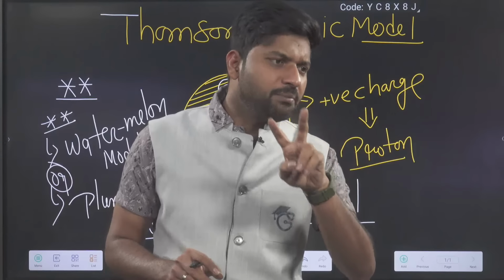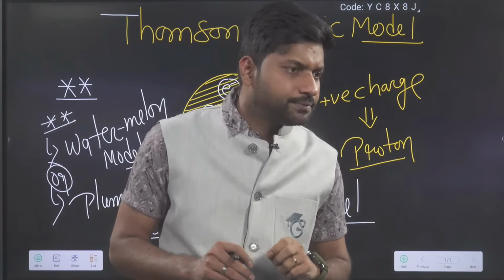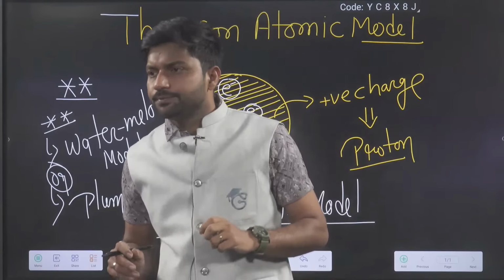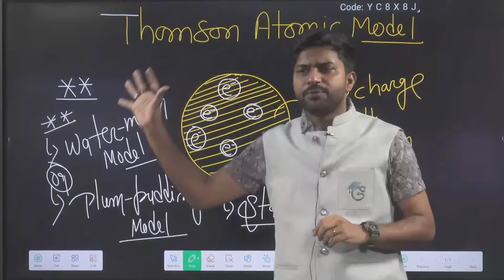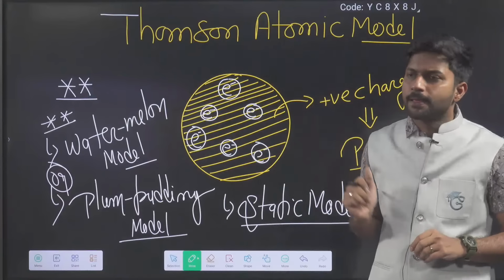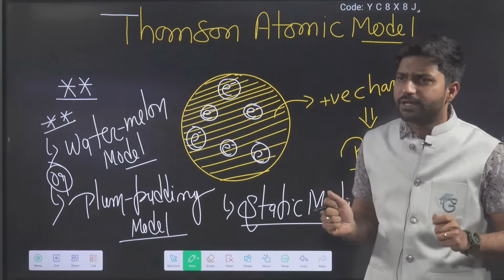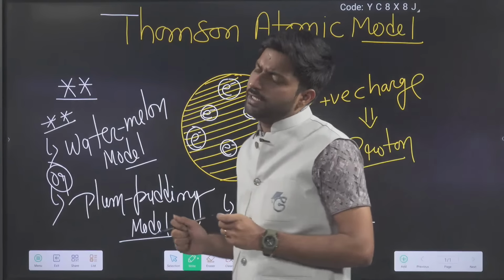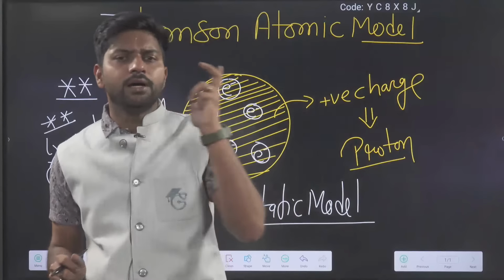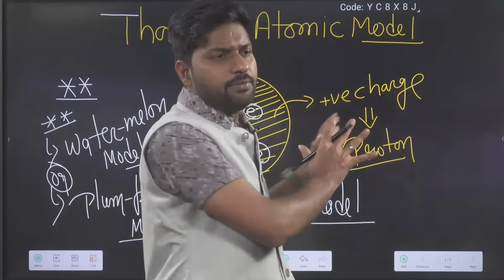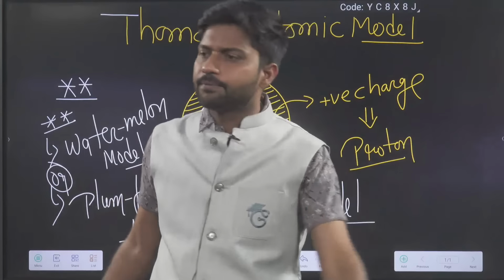So this is the major problem. So this was the Thomson model. The worst model, not good, but okay. It explained one thing only, that was the neutrality of the atom. Yes, the atom is neutral.